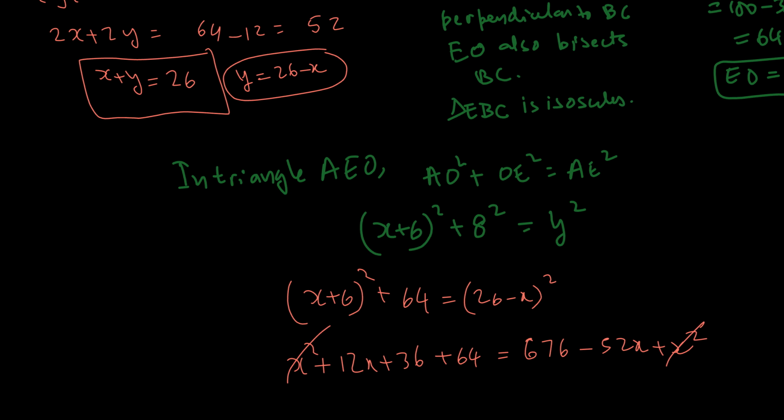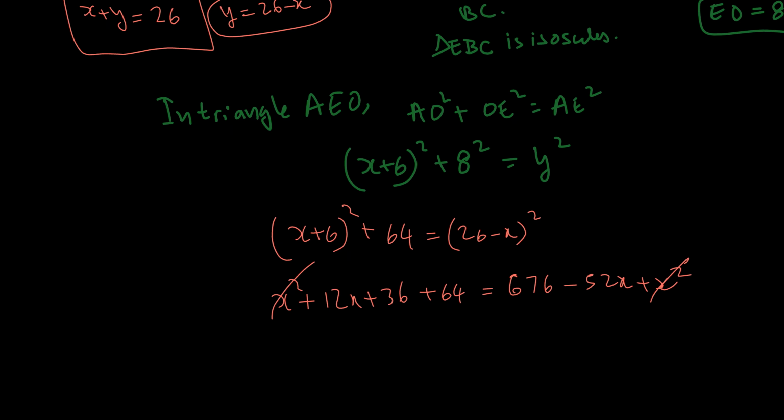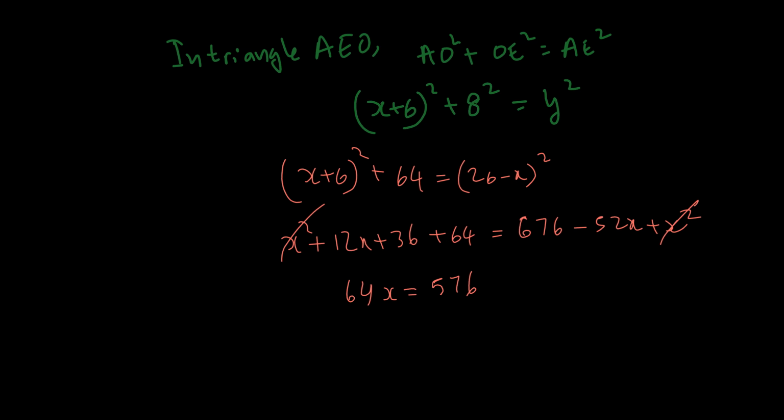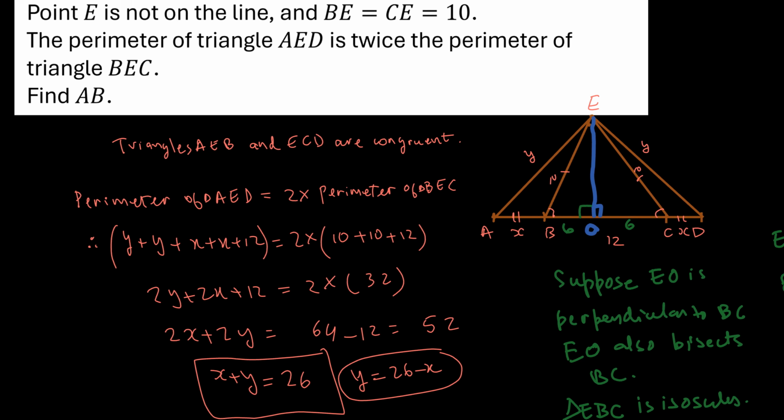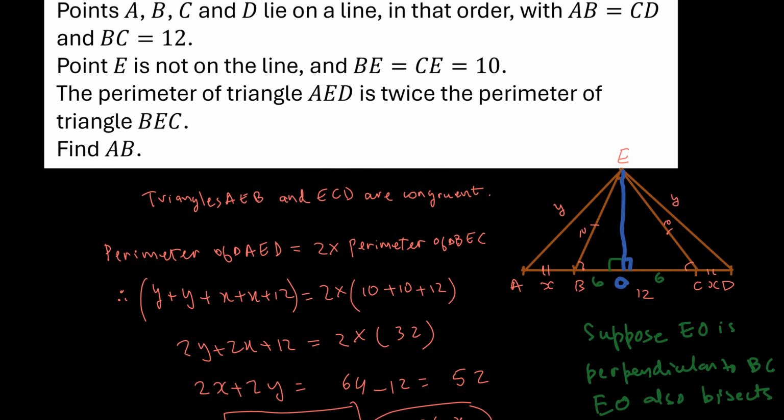So the x squared gets cancelled out, and then we are left with 12x plus 52x, that's 64x, is equal to 676 minus 64 minus 36, and that is 576. So we get x is 9. So we found out what AB is, isn't it? It's equal to 9. The answer is 9.